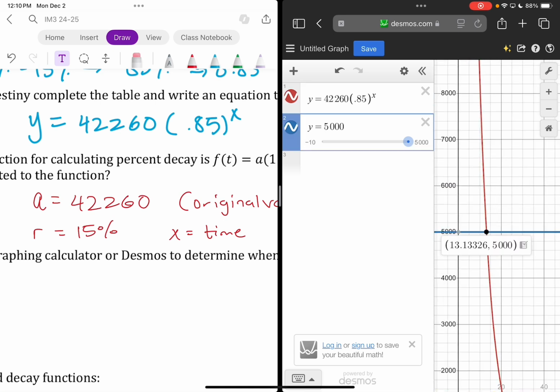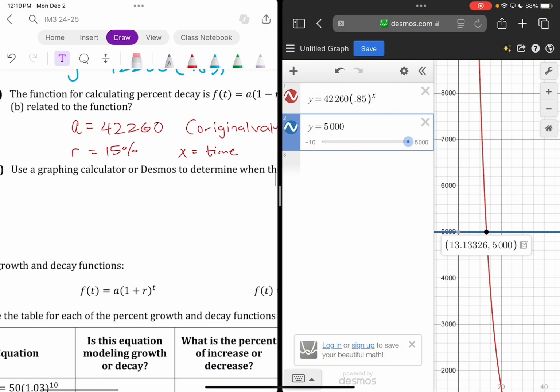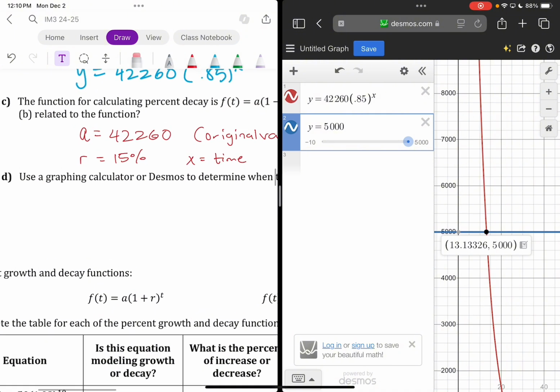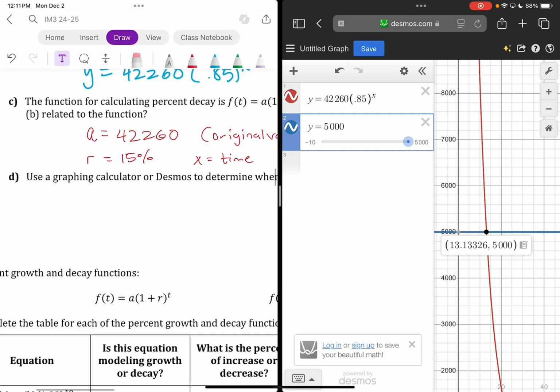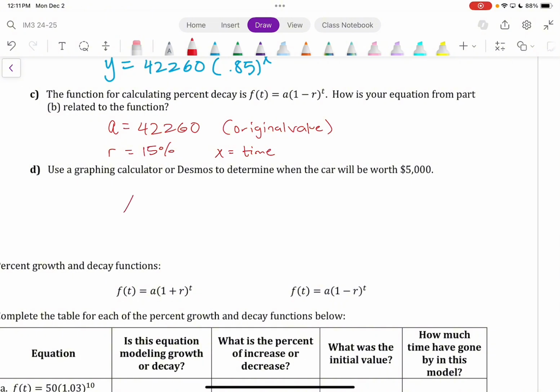Point of intersection is 13.13. So after about 13.13 years. So when x equals 13.13 years is when it will be worth 5,000.